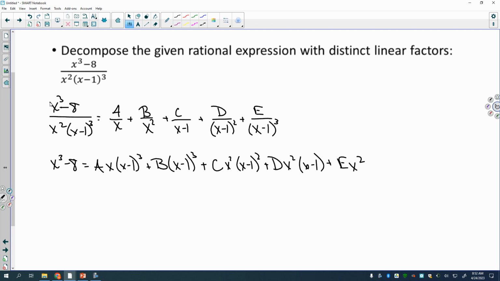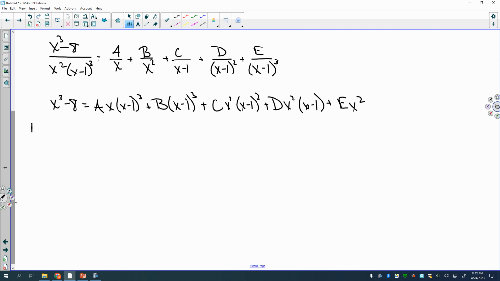So this is a much longer one that we're starting with. I'm still going to go through and let x equal 0 to begin with. And that gets rid of any terms that have just a plain old x in it. So it's going to get rid of the a term, the b term, the c, the d, and the e.